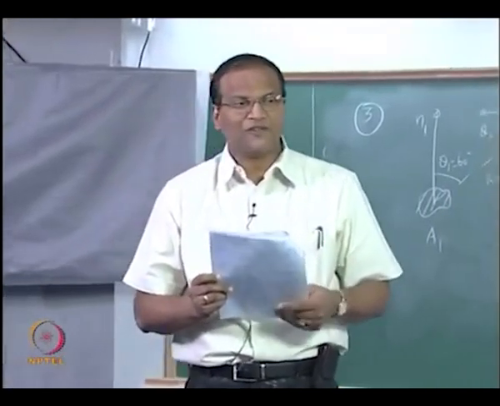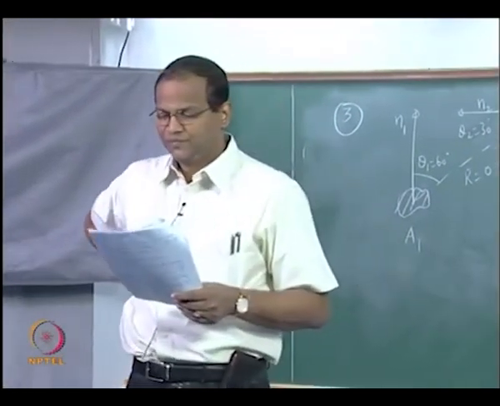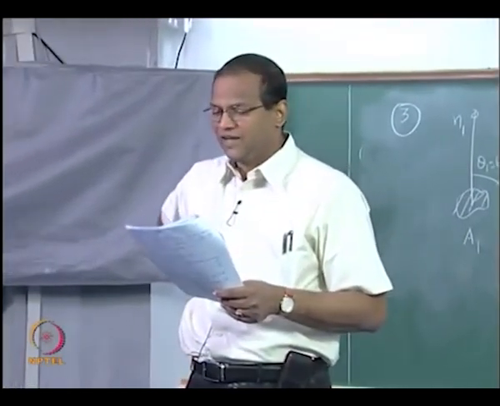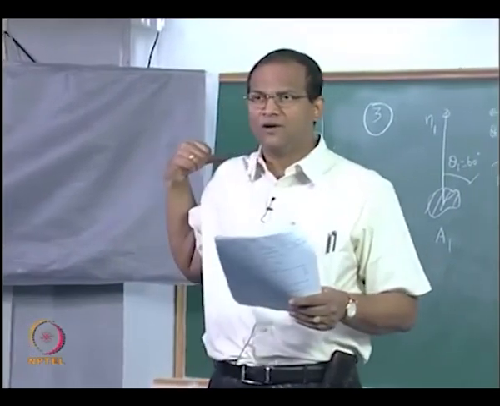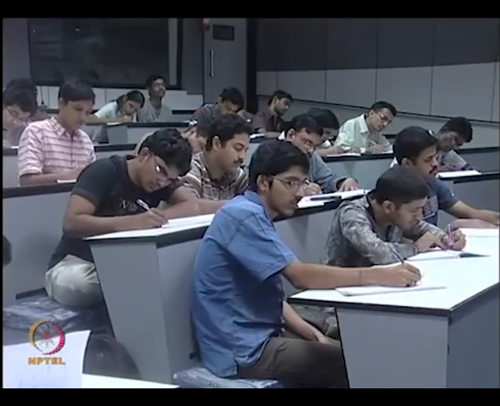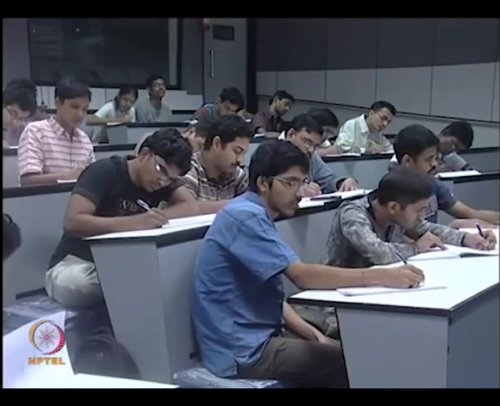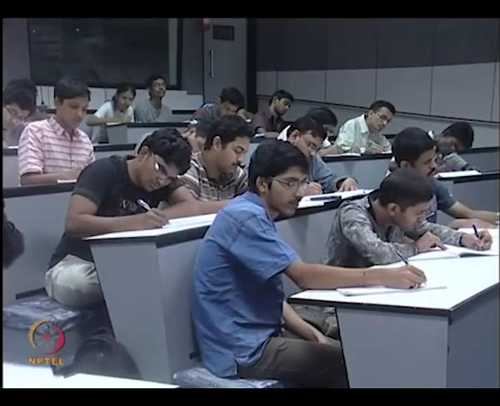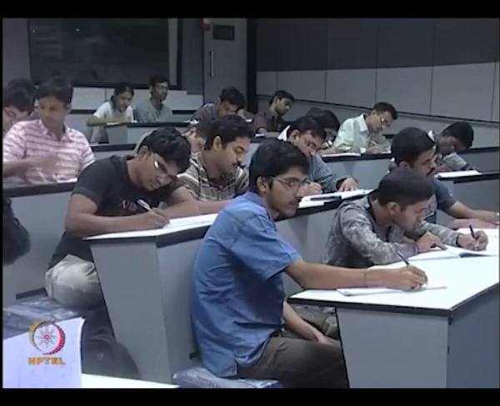Consider a small surface of area A1. I am not giving the values because they are all on the board. Consider a small surface of area A1 which emits diffusely. Diffusely means it is the same in all the directions.